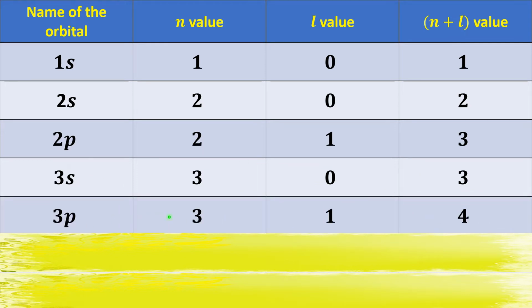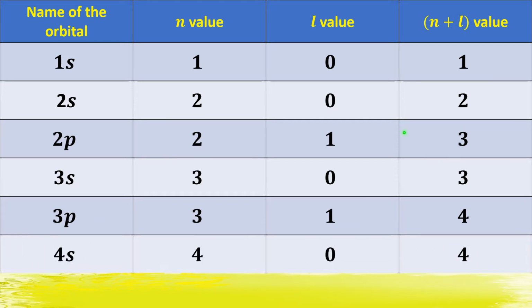Next, 3p, N value is 3, L value is 1, N plus L value equal to 4. Similarly, 4s orbital, 4 plus 0, 4. You can see again here 3p and 4s orbitals. The N plus L values of these two orbitals are same, but this orbital has lower N value.